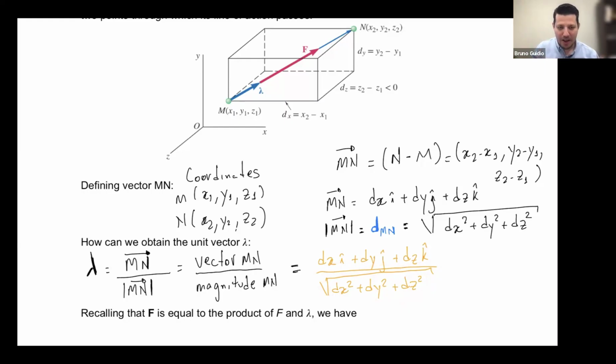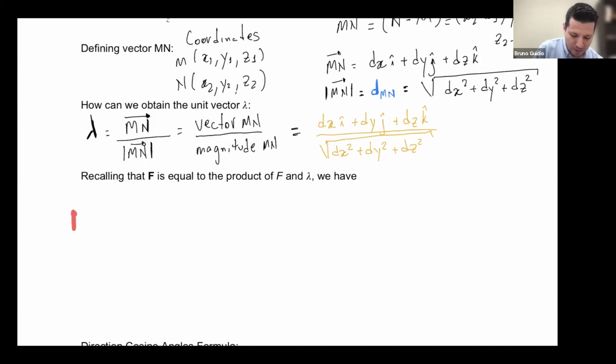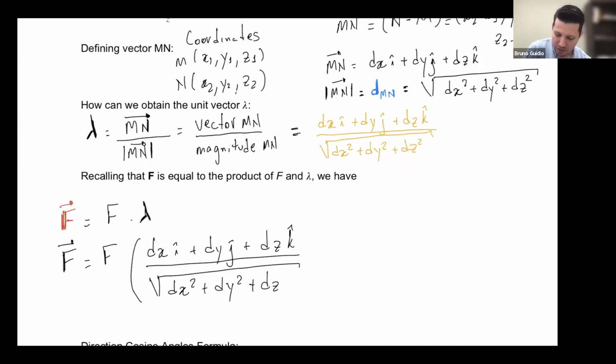Once we get the unit vector, how can we write the F vector, the force vector that we are trying to find? It is the magnitude times lambda. So this F vector is going to be F times lambda, which is dx i hat, dy j hat, dz k hat, divided by the square root of dx squared plus dy squared plus dz squared.